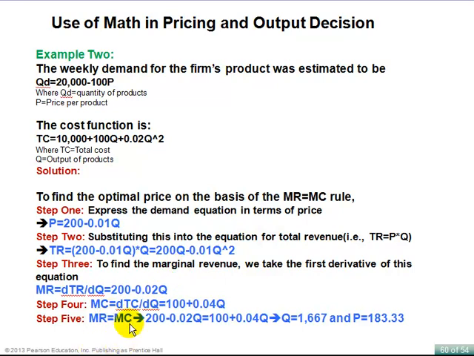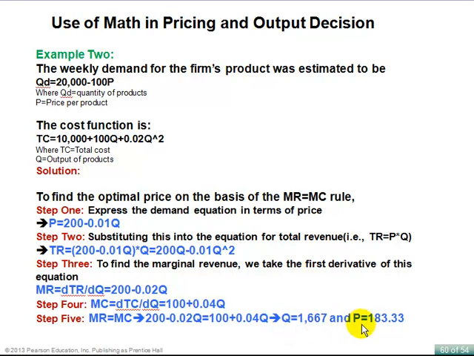So MR equal to MC here is 200 minus 0.02 Q equal to 100 plus 0.04 Q. Based on this equation, we can solve for Q. Q is 1667. This quantity is the optimum quantity that can make the profit maximized.